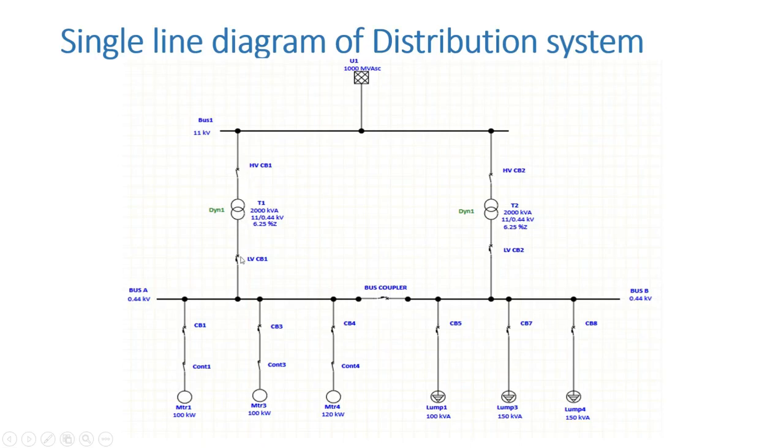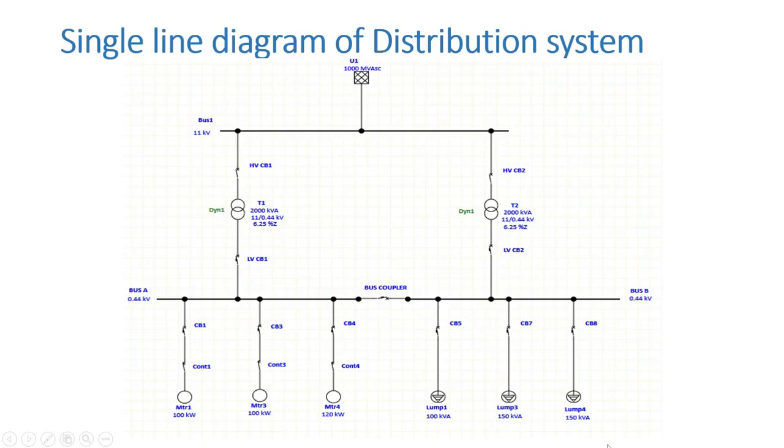From the transformer secondary side, it is connected to the LV circuit breaker and it is connected to the switch gear bus A. Similarly, from the other side, incomer B, that is from the HV circuit breaker on the primary side and the transformer secondary side LV circuit breaker, it is connected to the switch gear bus B section. So bus A and bus B are connected with the bus coupler, and these all are the outgoing feeders. Here I used motor feeders on the bus A section, and on the bus B section I used lump load. So this is the single line diagram of the distribution system.